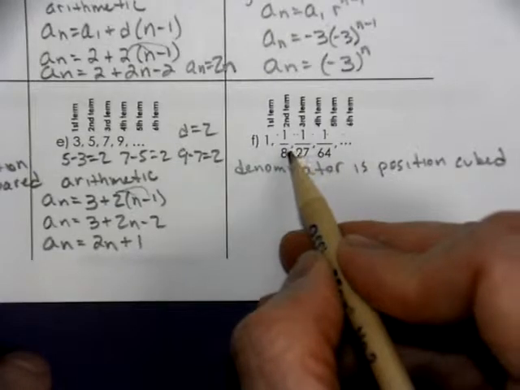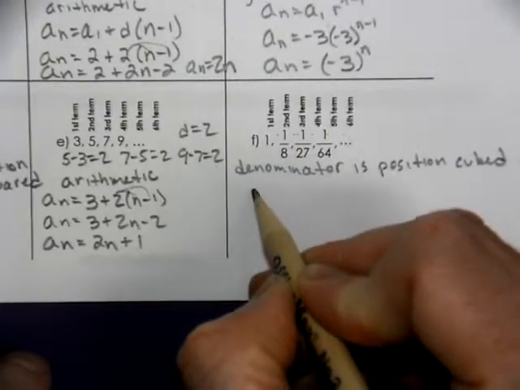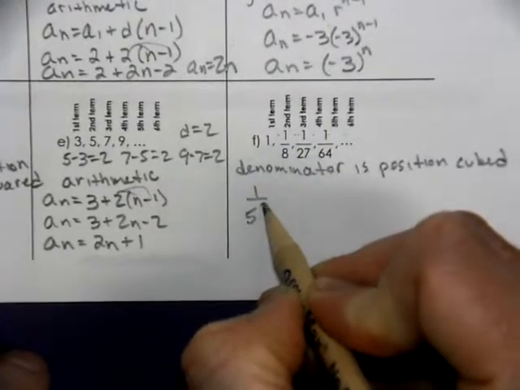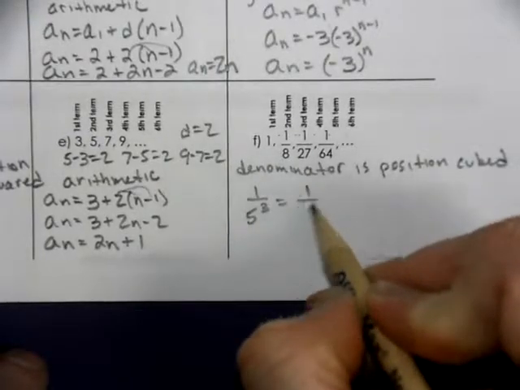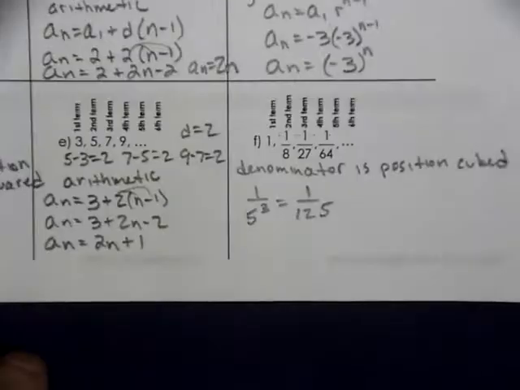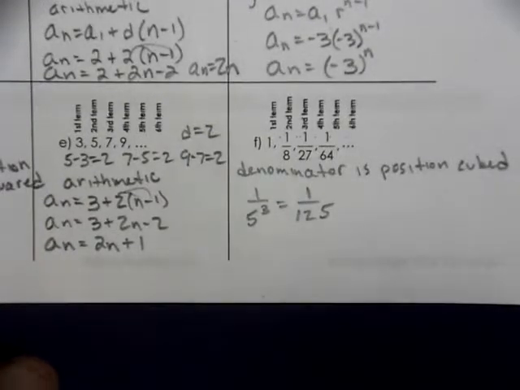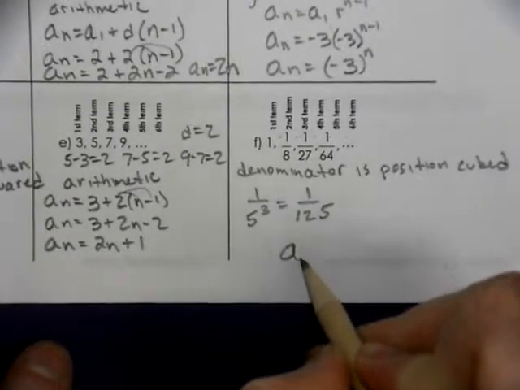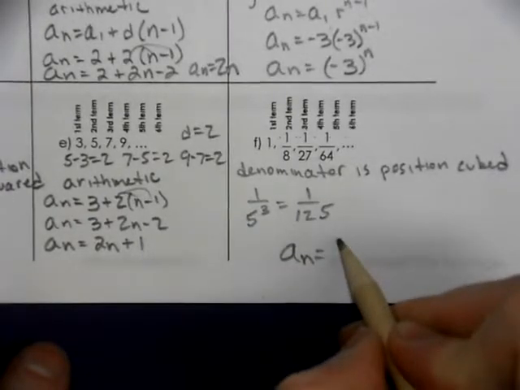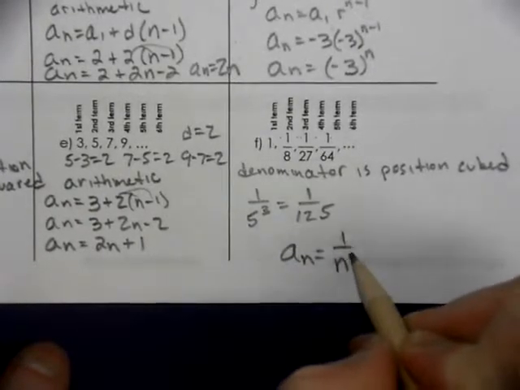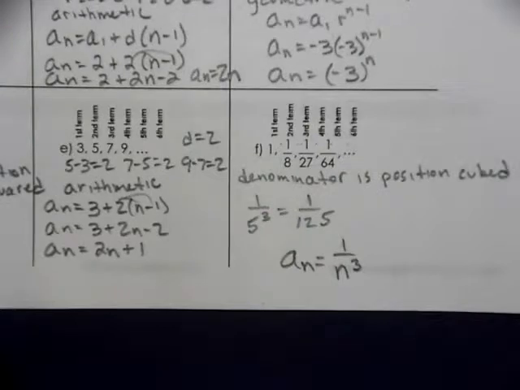So to figure out your fifth term, it's going to be 1 over 125. And our rule is 1 over n cubed.